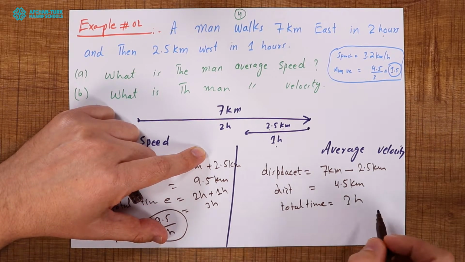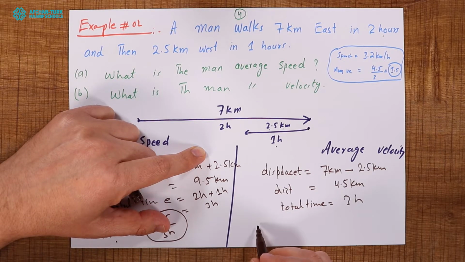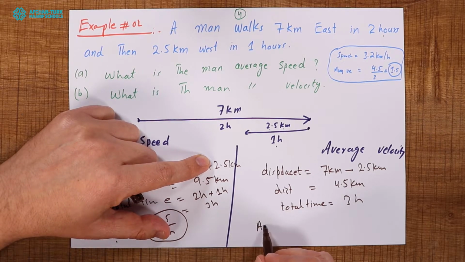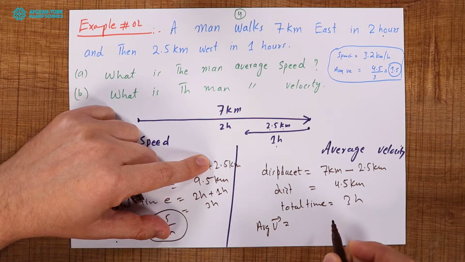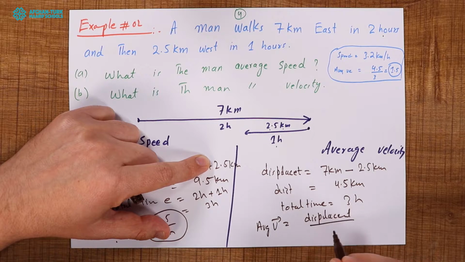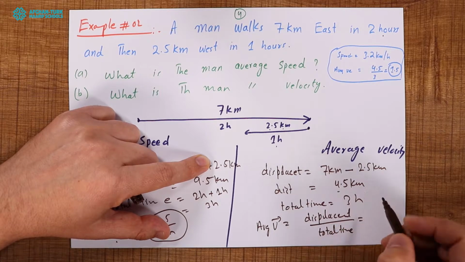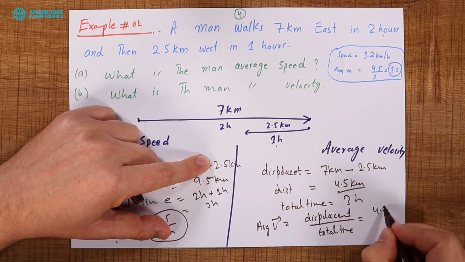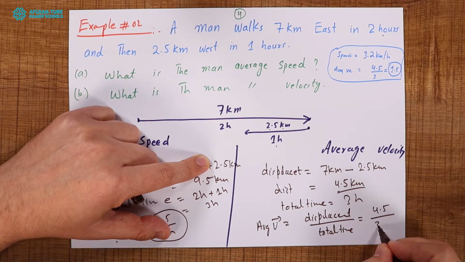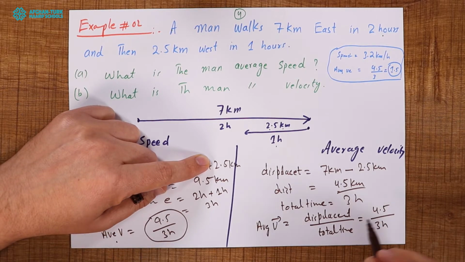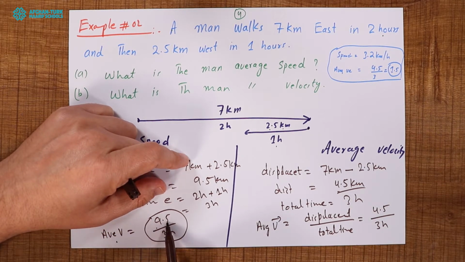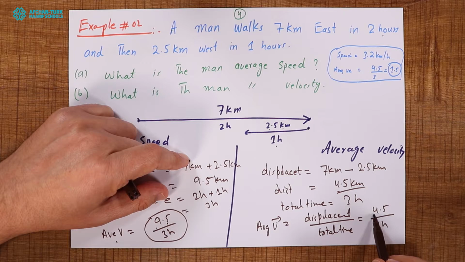So we can now use the average velocity formula. Average velocity will be equal to displacement divided by total time. So the displacement is 4.5 and the time is 3 hours. Look here, here is 9.5 and here is 4.5.